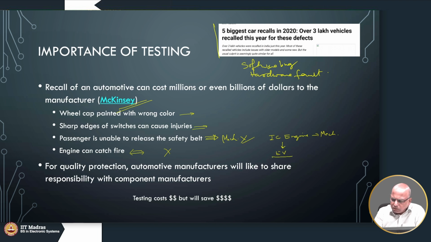So they depend on manufacturers of electronics to ensure that these things don't happen. And if you have to guarantee that, then your costs will go up.